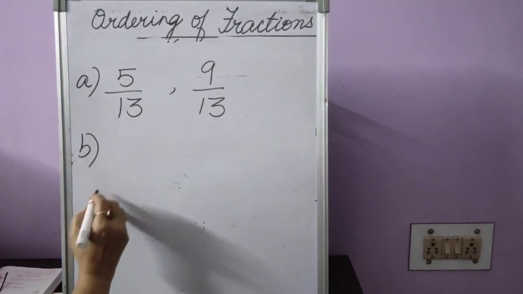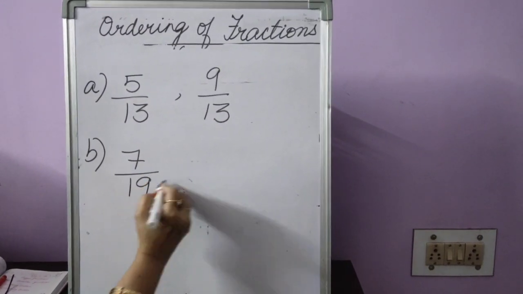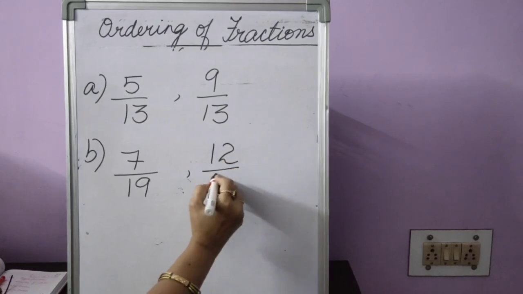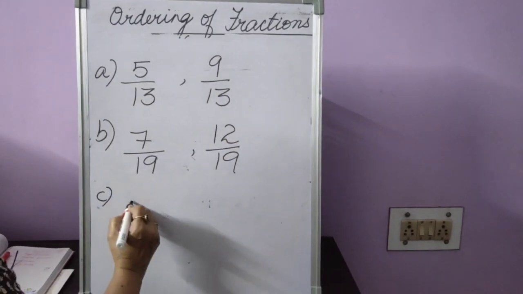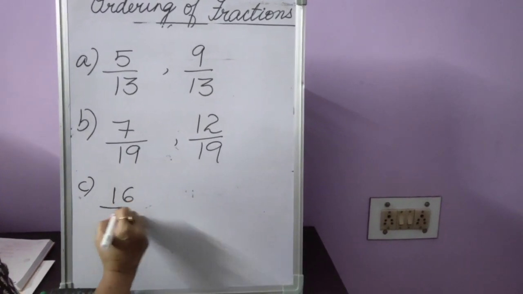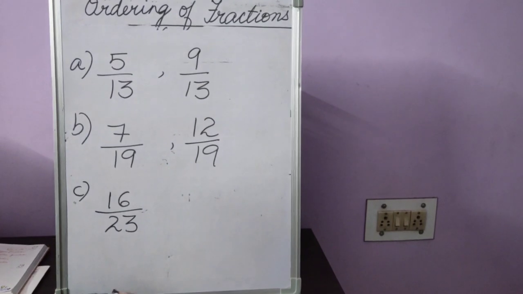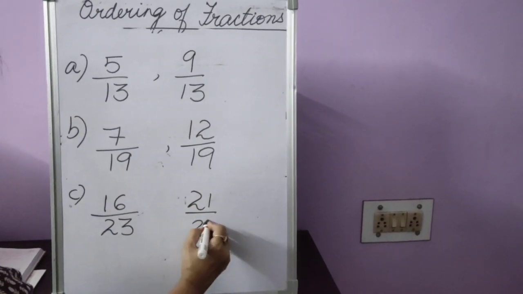Then I have 7 upon 19 and 12 upon 19. Then again I have 16 upon 23 and I have 21 upon 23.